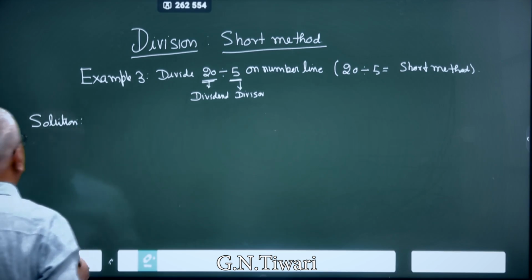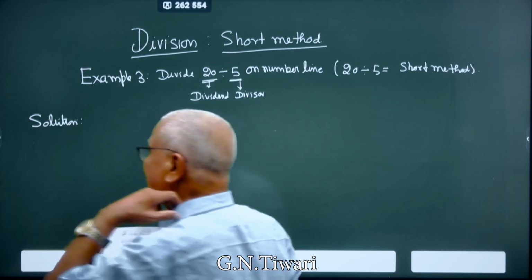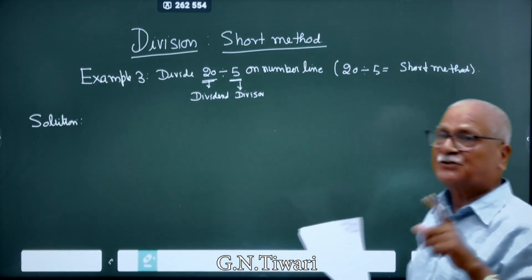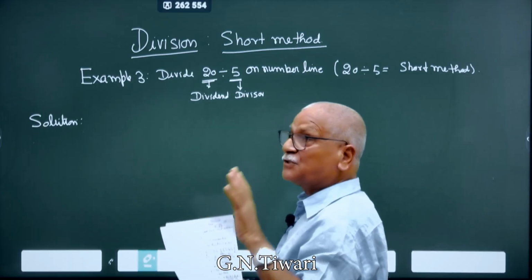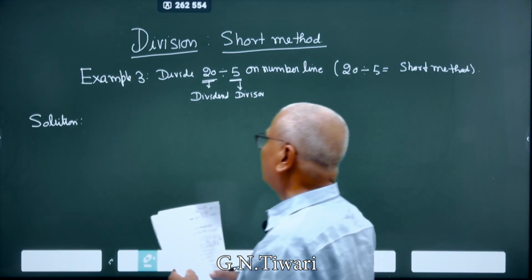सॉल्यूशन अब देखिए, नंबर लाइन है तो that number line should be drawn equal to the dividend number, means 20. From 0 to 20 you have to draw the line.